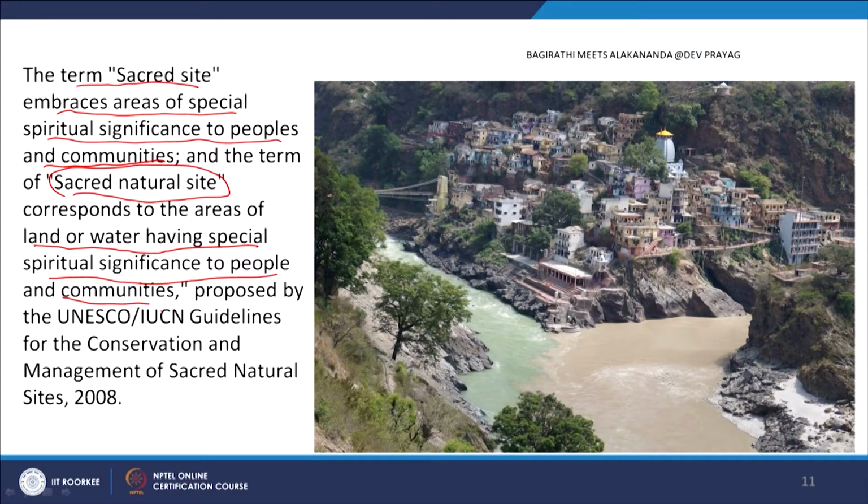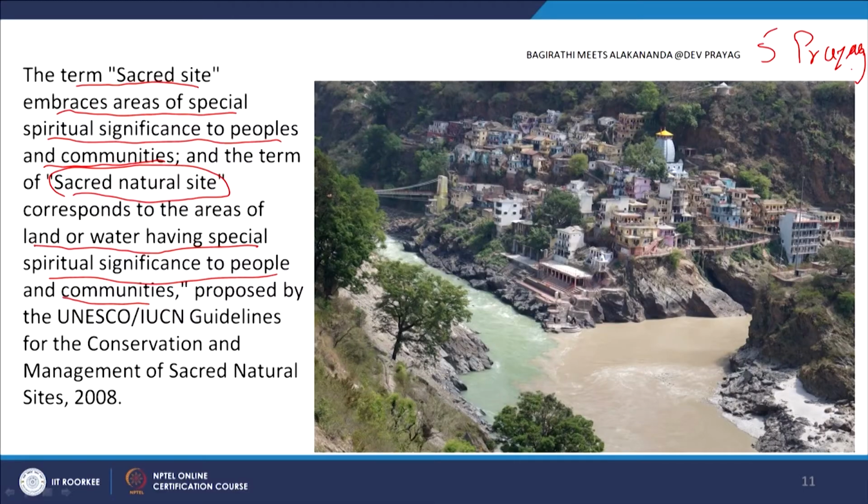For instance, a sacred natural site is a larger one, and the sacred site could be a subset of that. If you look at the whole river Ganges, which is considered a holy river, it is a natural site. The whole river stretch is considered holy by the Hindu communities.